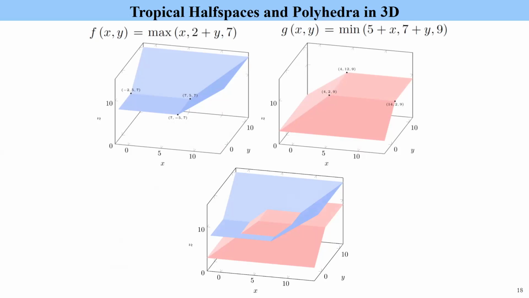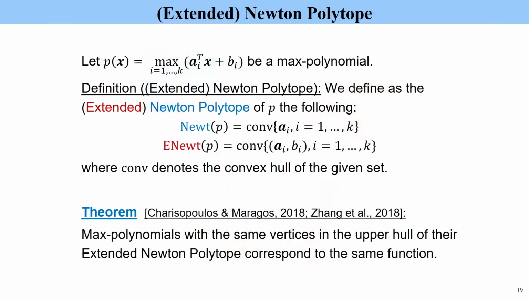So if we have a machine learning problem, then these polytopes will contain the positive examples of certain classes, or the negative examples of certain classes. So this is the link between these polytopes and machine learning.